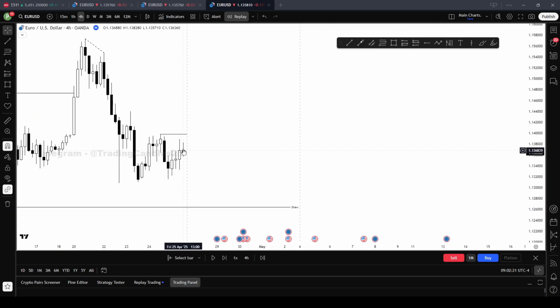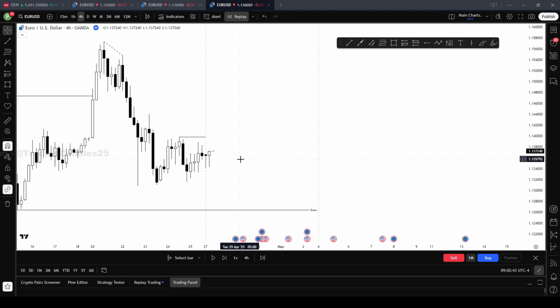I first of all wanted price to take out this range high and test the daily key level and form the high of the week there. And then from there, I wanted to see lower prices until we take out this higher time frame drawn liquidity, right? So on Monday, for the first half of the day, I sat back and waited for price to take out this range high before I could take an entry.